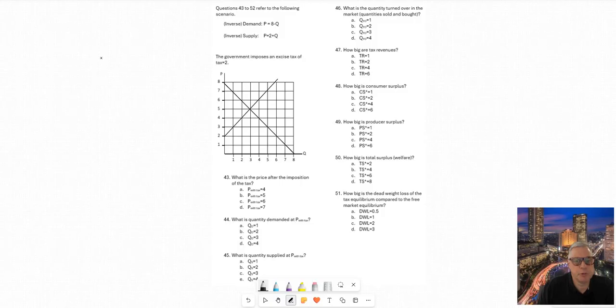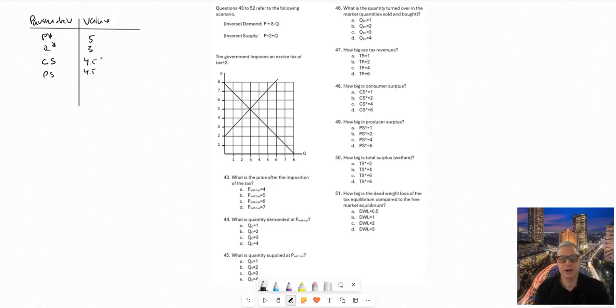And you still remember in the market equilibrium, the corresponding parameter values were: equilibrium price was 5, equilibrium quantity 3, the consumer surplus, I don't have to draw it anymore, we did it already 100 times, so 4.5, and producer surplus was 4.5, so we know that from the earlier videos.